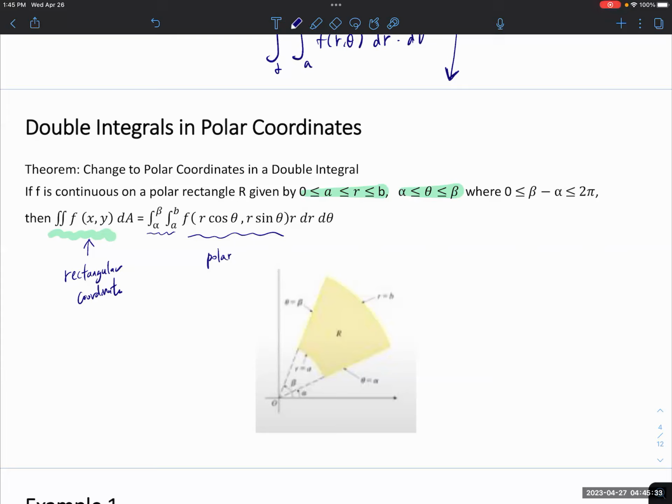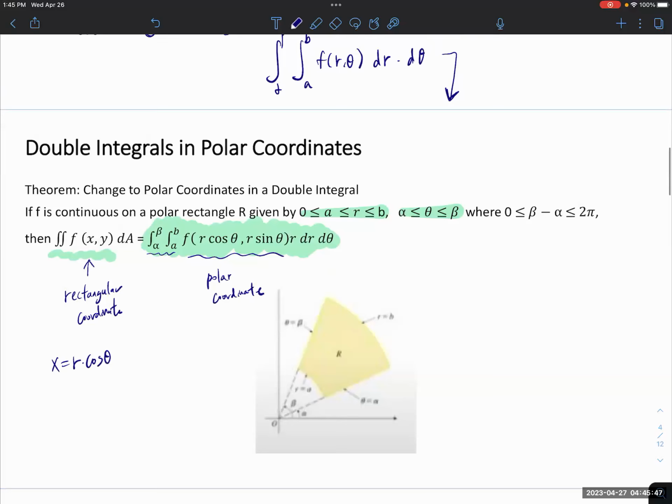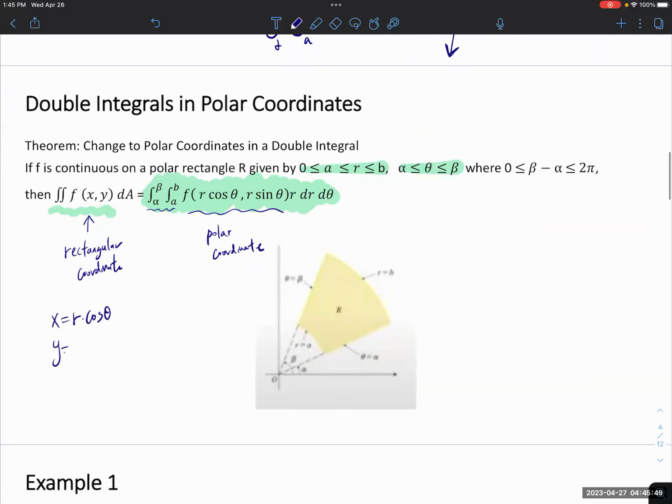This is a shortcut and a simple calculation. The formula is this one. For x comma y, we talked about it: x equals r times cosine theta, y equals r times sine theta. So x has been here, y has been here, and then you need to multiply by r at the end. This is a separate variable. And then you're going to take the integral with respect to dr first.